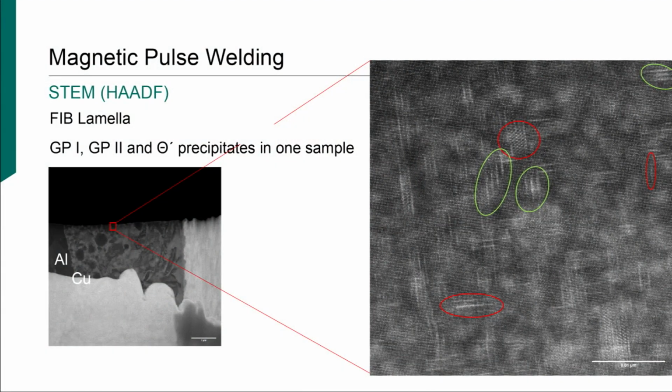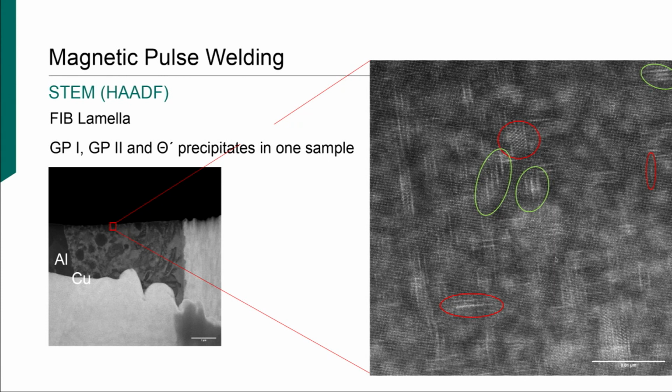But instead of forming these normal GP zones, you find mostly, I'm looking whether this is a GP zone. This is an atomic resolution image here. This is a single plane of copper inside the aluminum matrix. But much more, you find these double layers, so that's the GP2 zone. And they are not expected after such short times.